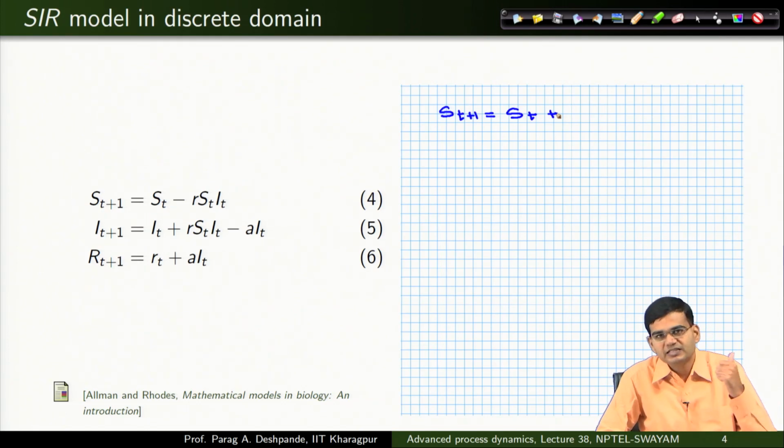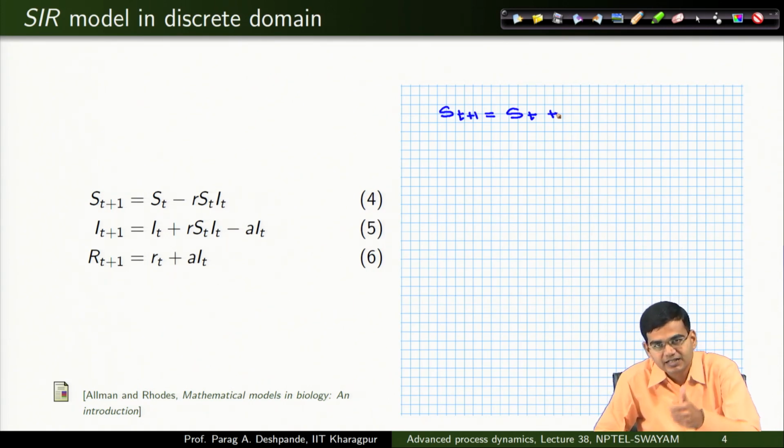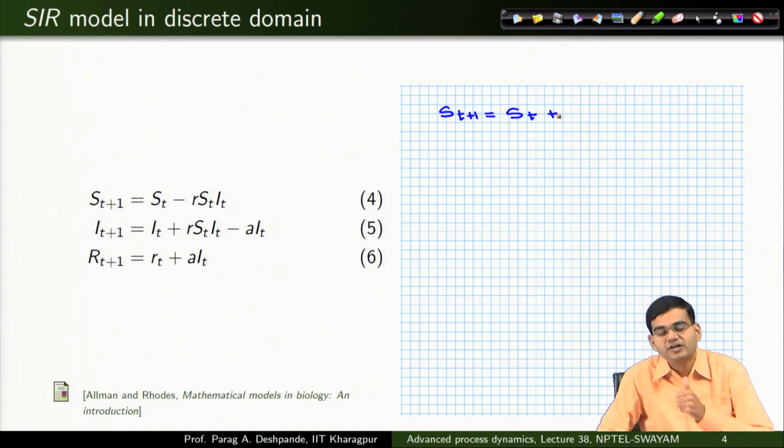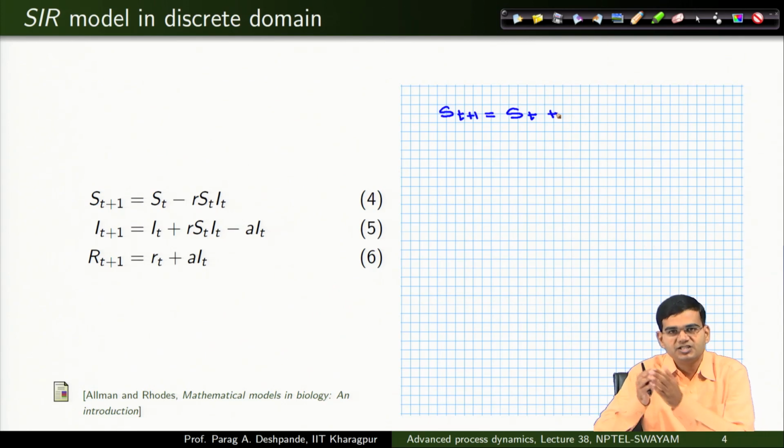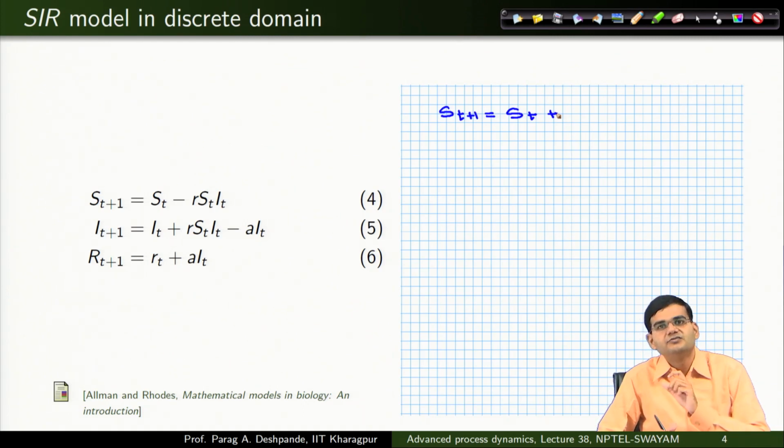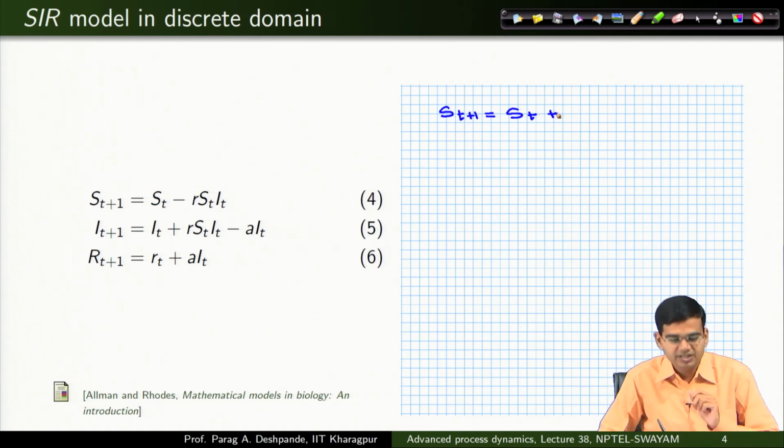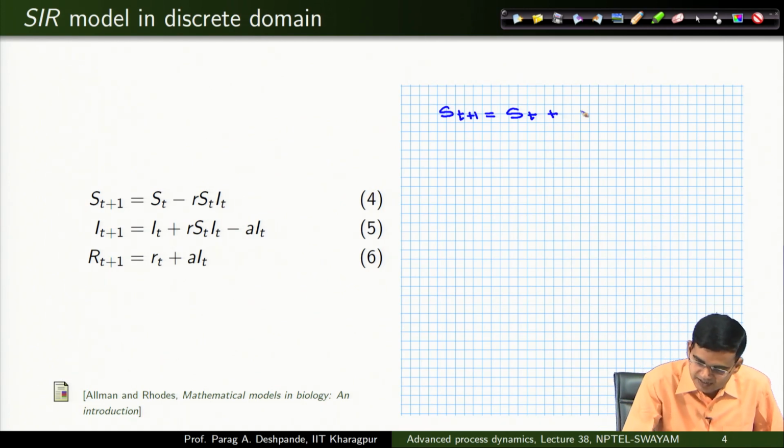We saw in the previous case that the time rate of change for S is the multiplication of S and I at that instant of time. But as we saw previously, you cannot simply take this, because only a fraction of the population would satisfy this condition of binary fission, for example, if you remember our previous case. Therefore, you must multiply it with a constant, and the constant here is R. So, in this case you have minus R S_t I_t.